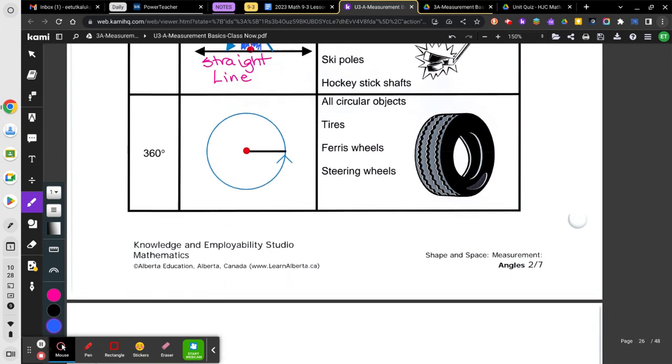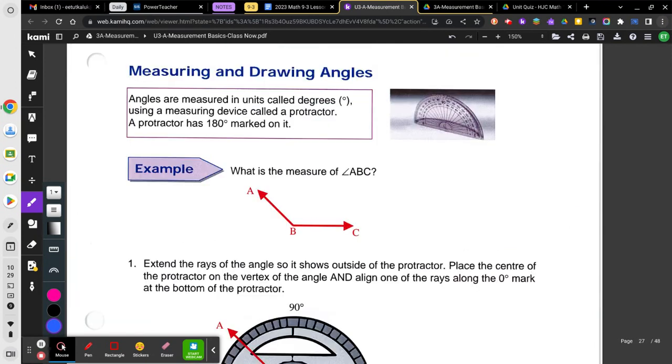Now, the next one is a full giant circle. Examples would be anything that is a circle. So tires, Ferris wheels, steering wheels. In real life, that's where we would see circles.